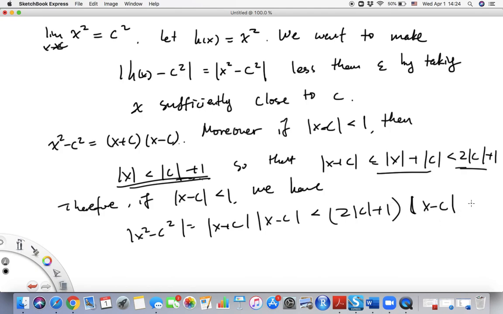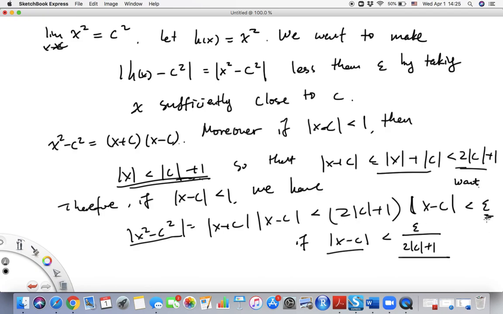So we want this to be less than epsilon. So this would be true if the absolute value of x minus c is less than epsilon over 2 absolute c plus 1.